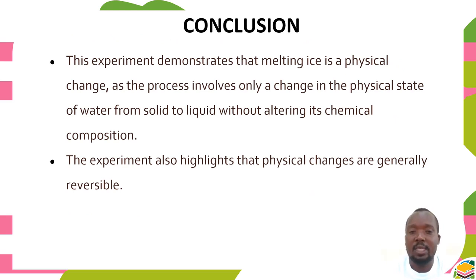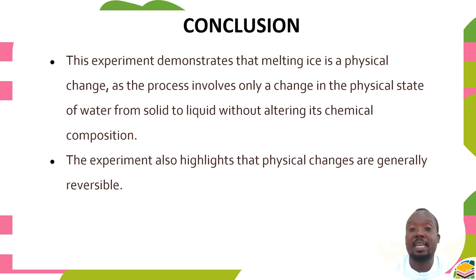Then to conclude, this experiment demonstrates that melting ice is a physical change, as the process involves only a change in the physical state. Which change of physical state is this? Changing from solid to liquid.